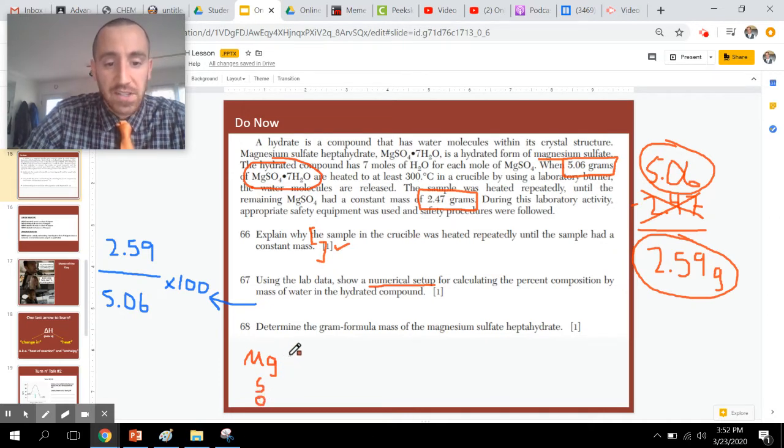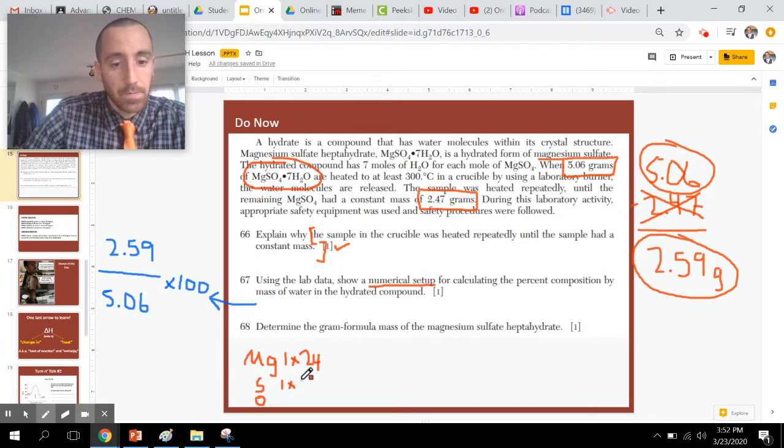You have one magnesium, and each magnesium weighs 24 grams. Sulfur, there's one sulfur, and each sulfur weighs 32 grams per mole. And oxygen, you have 4 oxygens, and each one weighs 16.